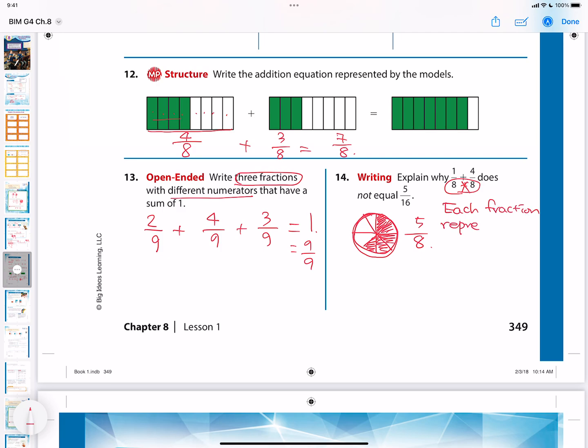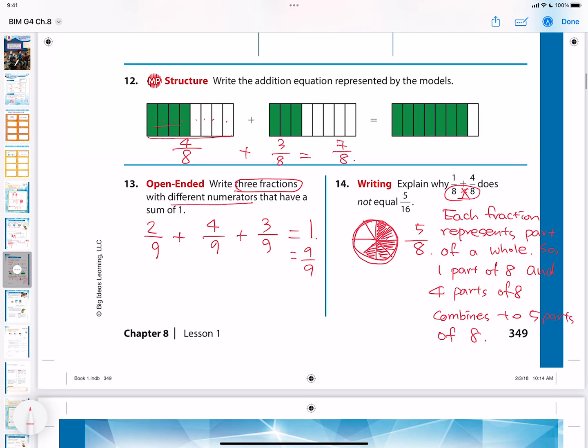represents part of a whole. So one part of 8 and 4 parts of 8 combines to 5 parts, which means slices of 8.